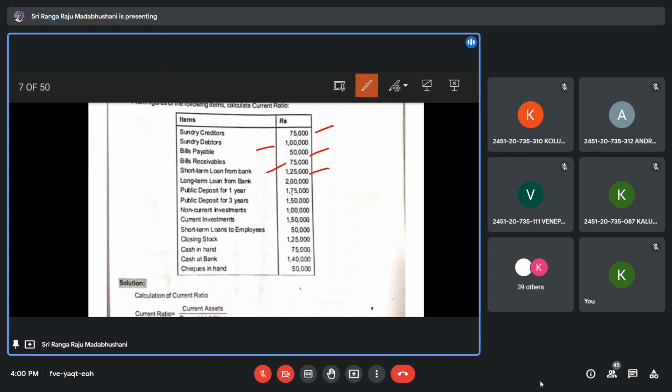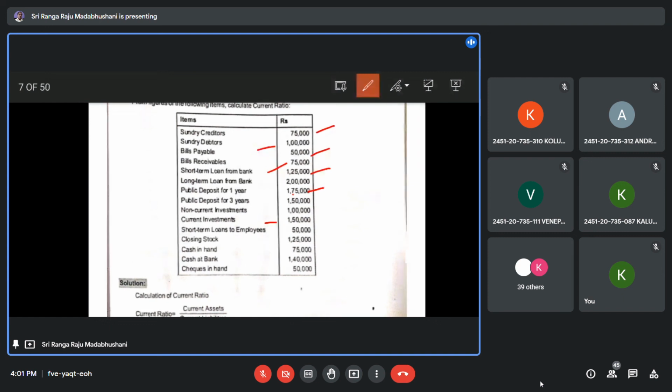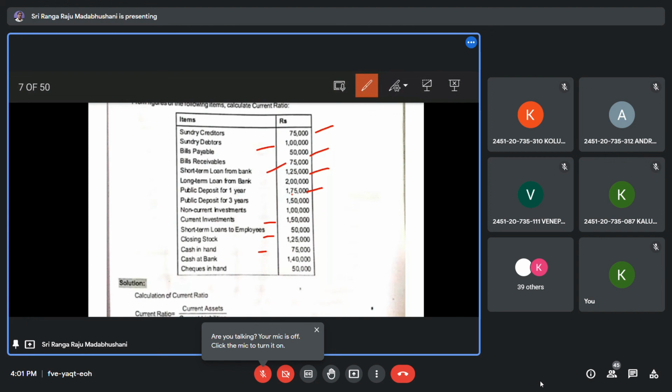Public deposit for 1 year, current liability. More than 1 year, non-current. Non-current investments, he himself says. Current investment, he himself declared that. Current investment is a current asset. Short-term loans to employees, current assets, which we had given. Closing stock, current assets. Cash in hand, current asset. Cash at bank, current assets. Cheques in hand, current assets.